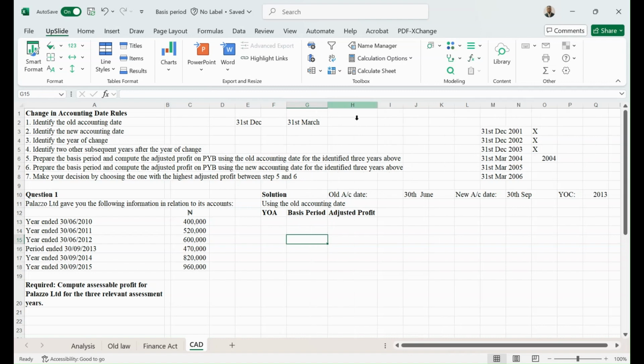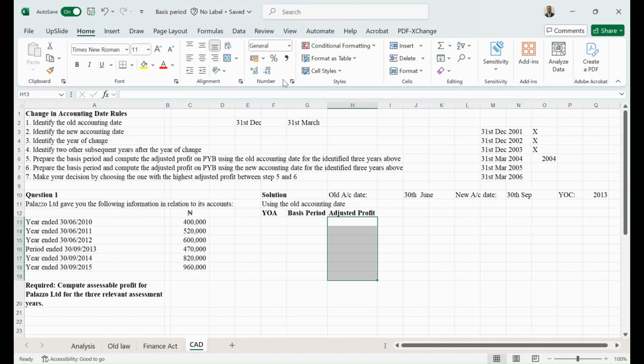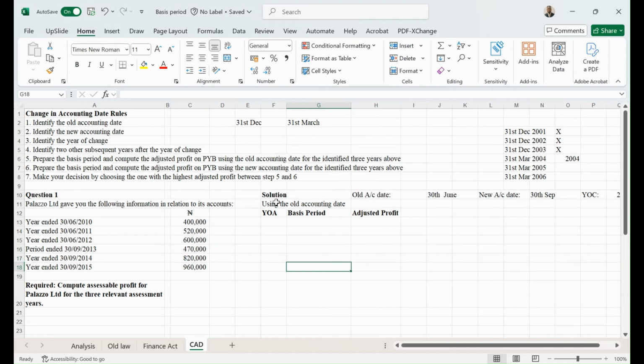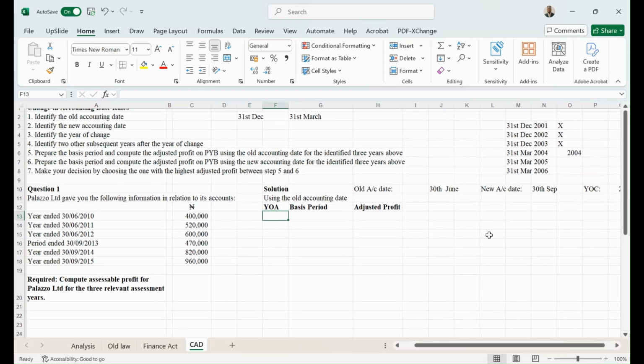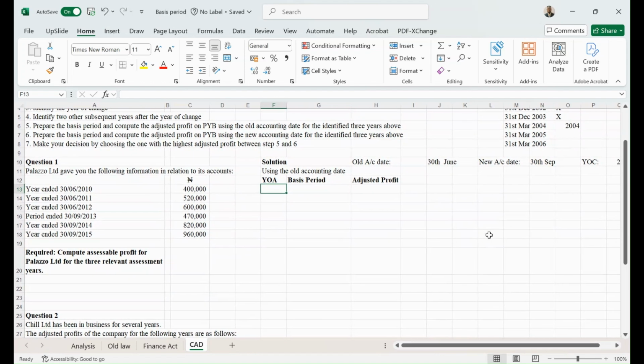So we would have our year of change, and you're going to start with the year of change, which is going to be 2013. Recall that we said using two other subsequent years, 2014 and 2015.